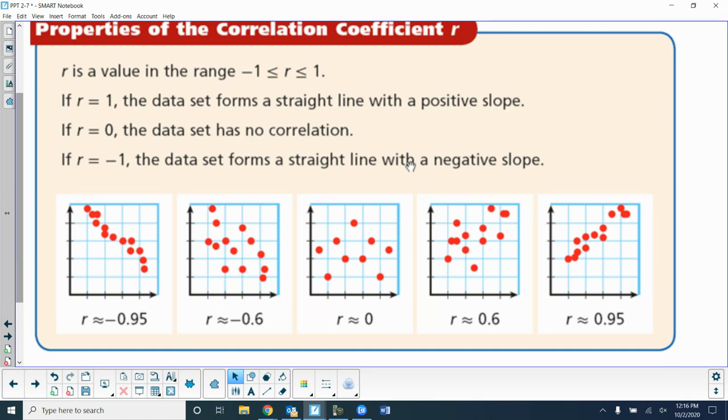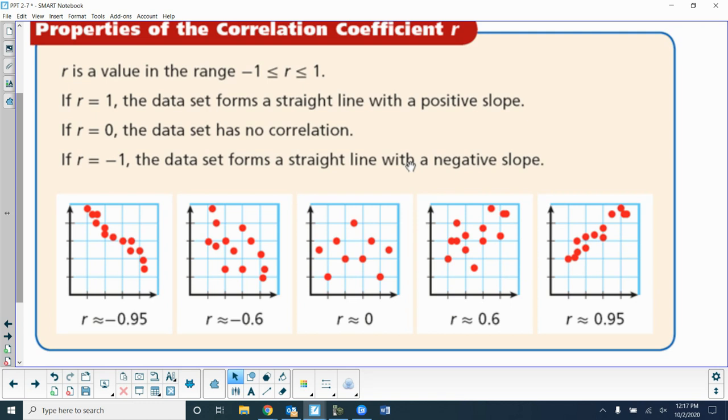Then this one, you can't really tell where to draw the line, so there's basically no correlation. And then this one is going this way in a positive direction. You could kind of draw a line, so that's about a 0.6, a moderately positive correlation. And then the far right one there is a strong positive correlation. You can just about see where that line should go, right? So this kind of gives you an idea of about what the R value should be when you look at a bunch of dots on a graph.